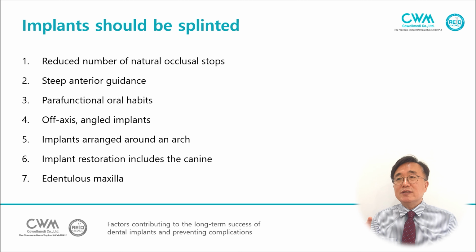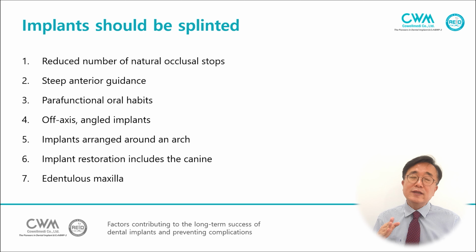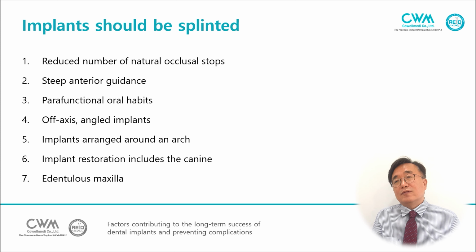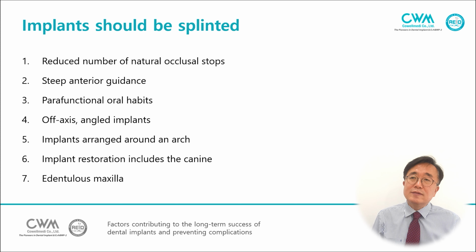And implant position is off axis and angulated, especially the pterygoid or zygomatic implant. And sometimes implant is avoided sinus cavity. So implant is placed in diverse orientation. In this case, we have to do splint because the occlusal stress have to be reduced by splint.